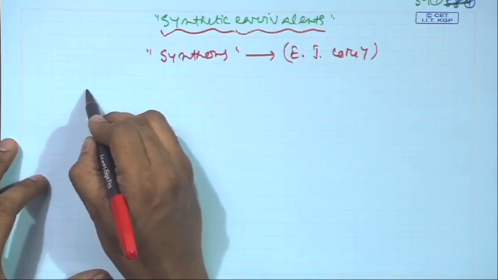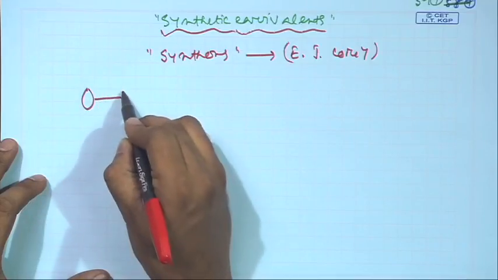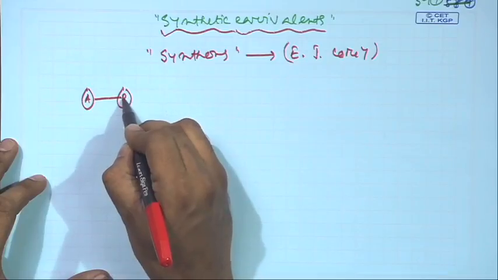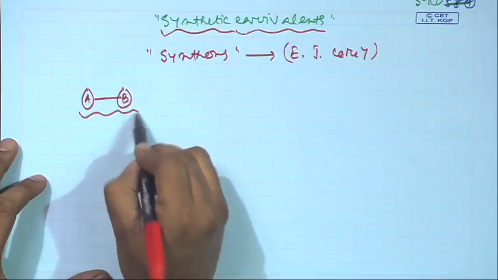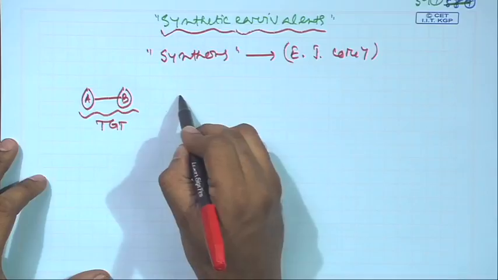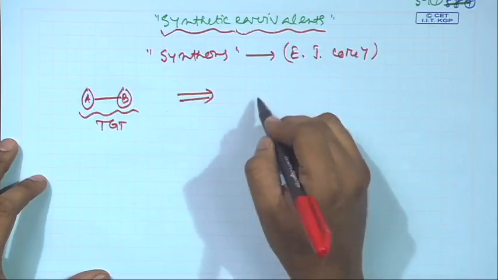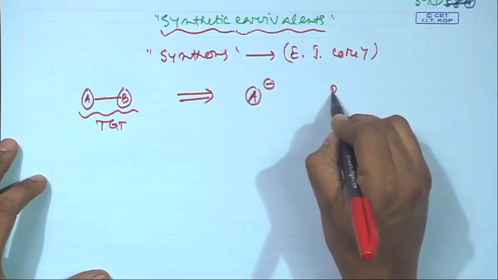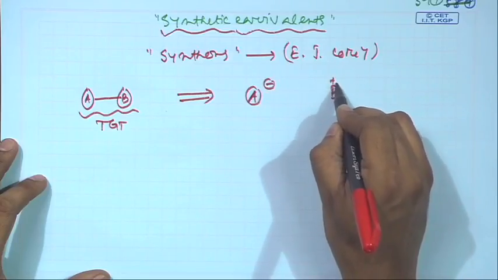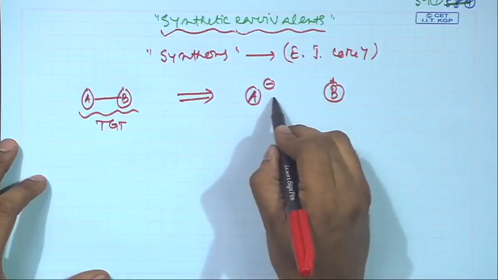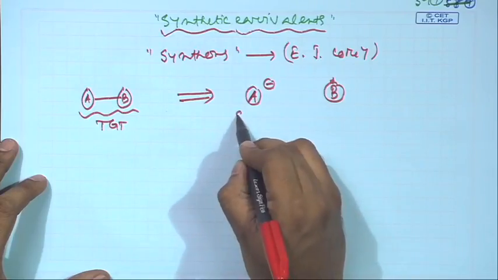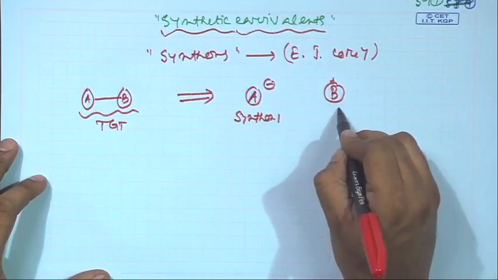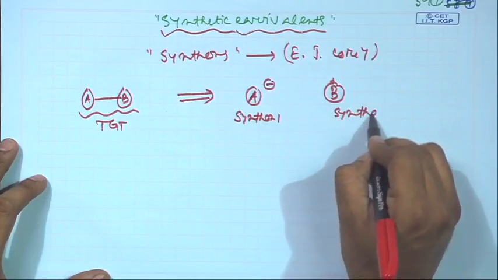Professor Corey's definition of the synthon says that if you have two different units in your target molecule, you can do a disconnection based on A minus and B plus, simply by polarity addition, and you can make a new bond. This A minus can be called synthon 1 and B plus can be called synthon 2.